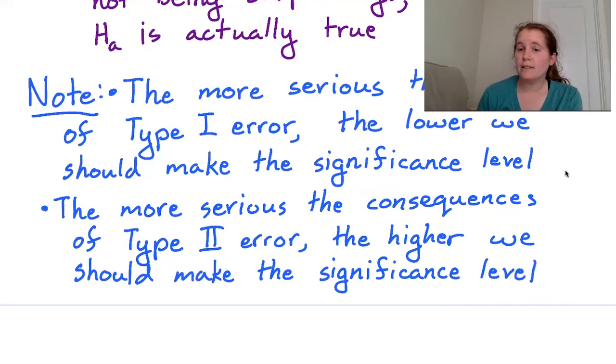So these work against each other. So it really just depends on which is the more serious error.